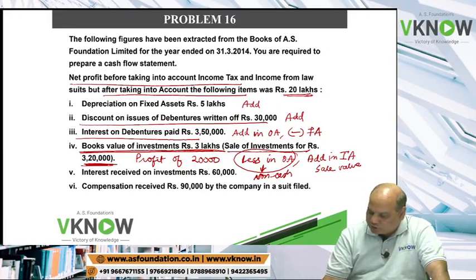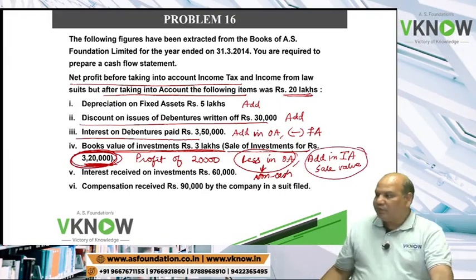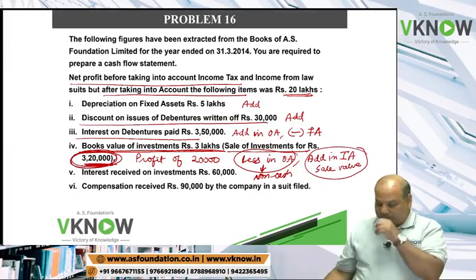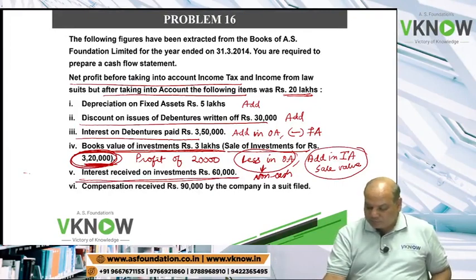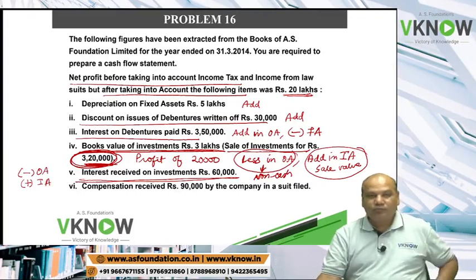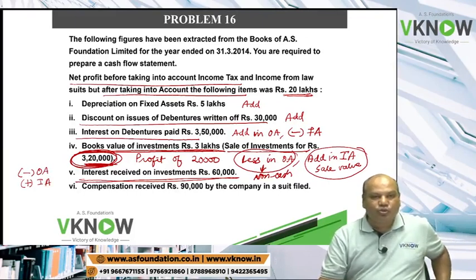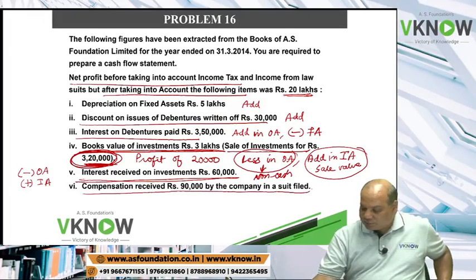And the actual sale value will be shown in investment activity, correct? Interest received on investment 60,000: minus in operating activity and add in investment activity, because it requires you to show it in investment activity.